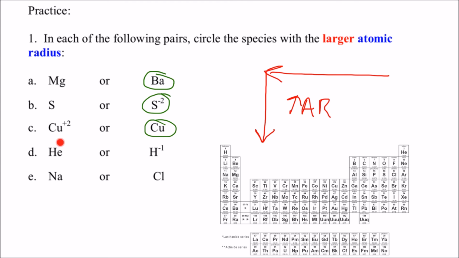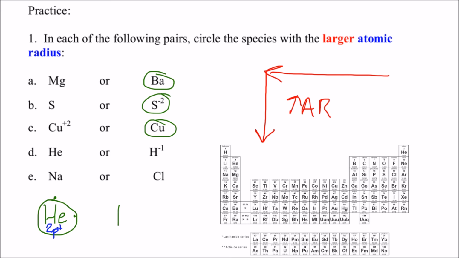Okay, so now we have helium versus the hydrogen anion. Let's talk about that real quick. That's a little bit different situation. Here we have helium and it's got 2 electrons in the first energy level and it's got 2 protons in the nucleus.